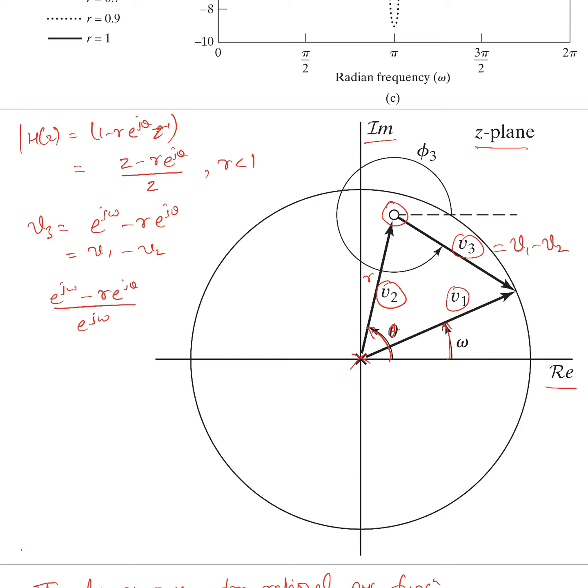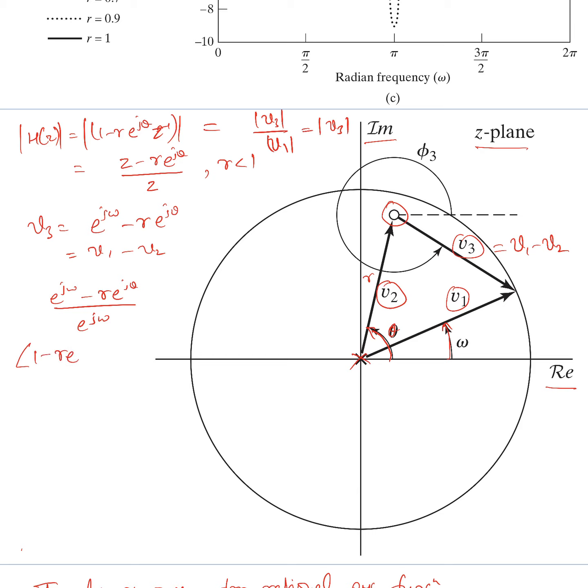So computing the magnitude would be equal to v3 over v1, and since the magnitude of v1 is equal to 1 since it's on the unit circle, it would be equivalent to the magnitude of v3.